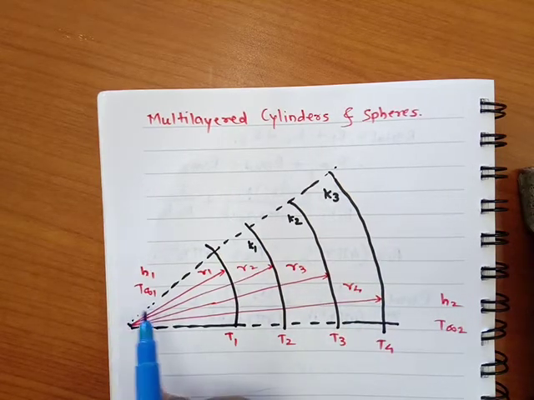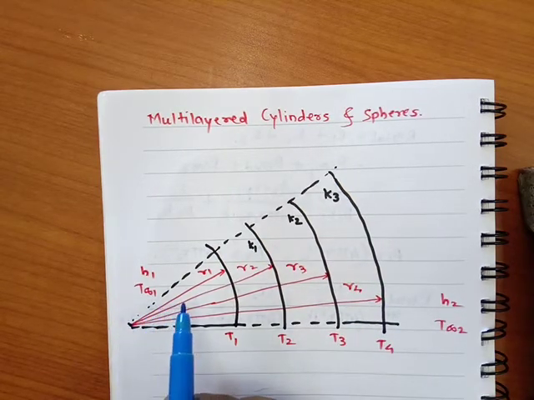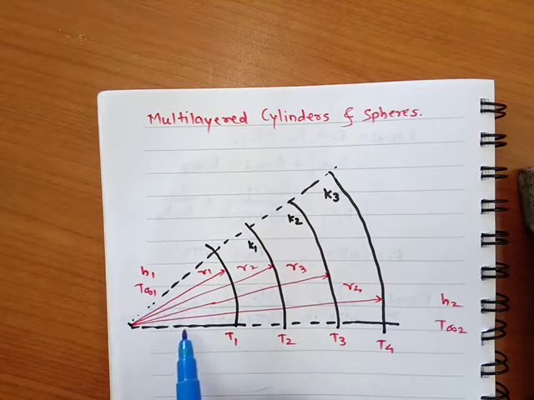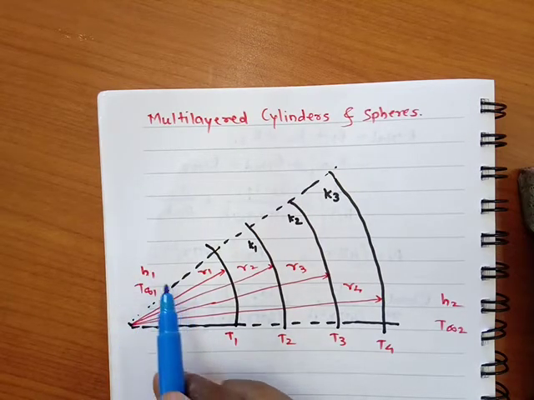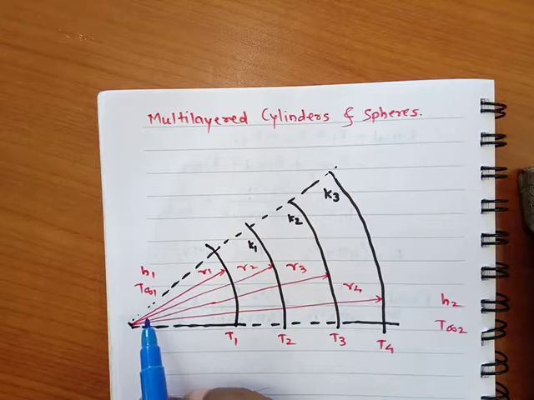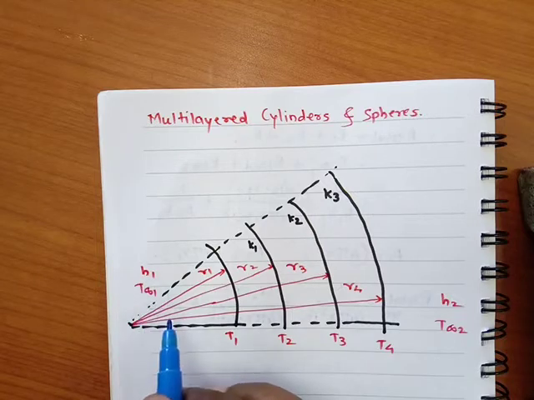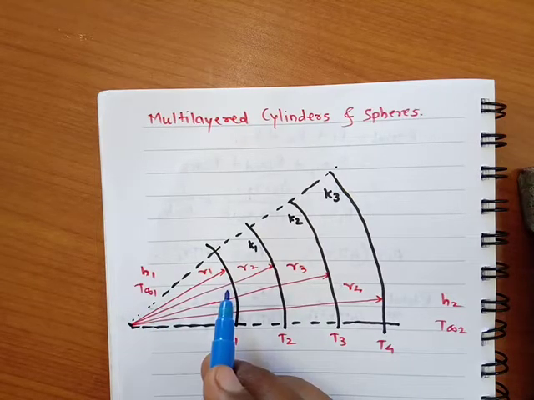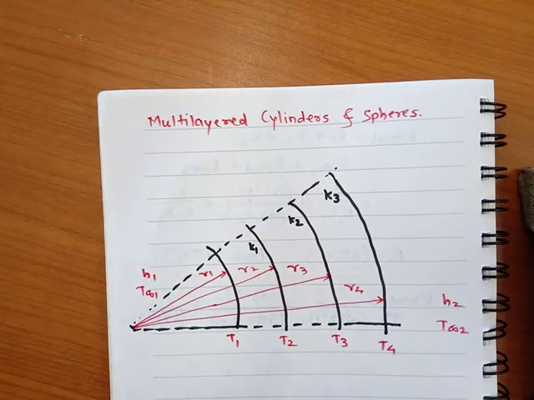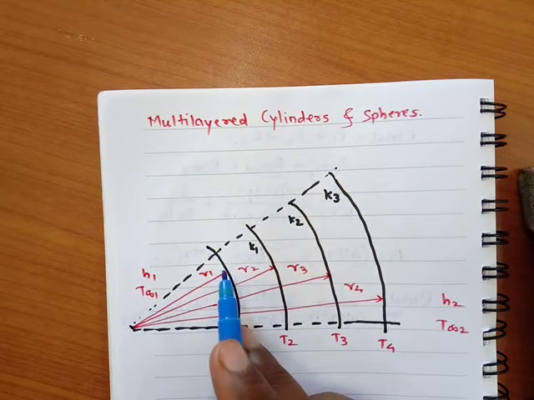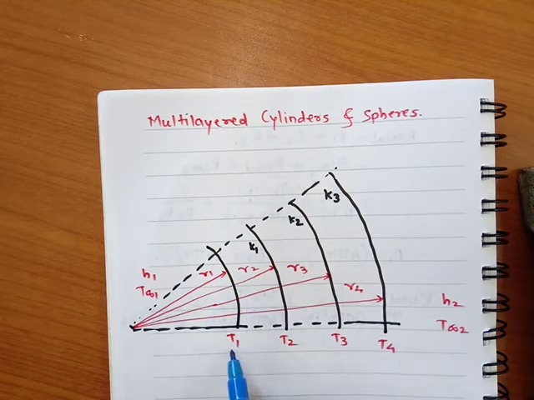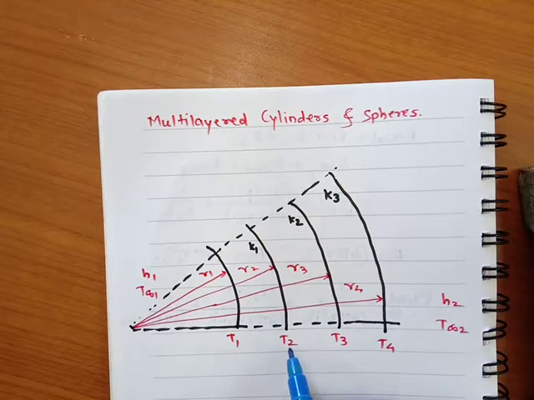Here there is a fluid flowing inside the cylinder, which has a temperature T infinity 1 and heat transfer coefficient H1. That means there is heat transfer by convection from the fluid to the cylinder wall. The inside surface temperature of the first layer is T1, and the outside of that layer is T2.